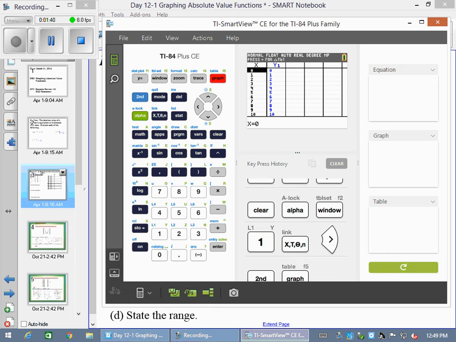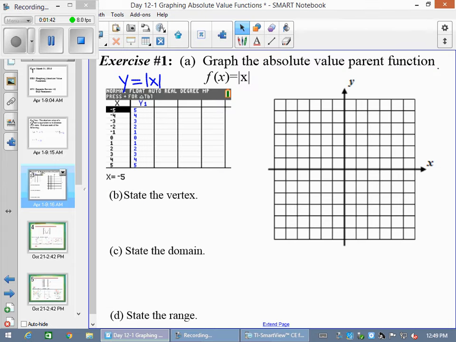So when you look at your table, I just dragged it over. I'm going to plot all of those values. So negative 5. I could have even gone up to, if I wanted to, negative 6. Negative 4, negative 3, 3, negative 2, 2, negative 1, 1, 0, 0, 1, 1, 2, 2, 3, 3, 4, 4, 5, 5, and 6.